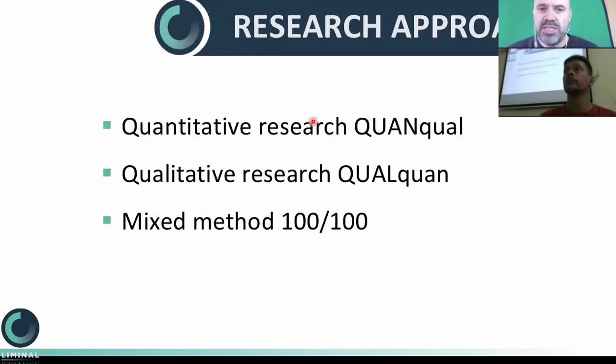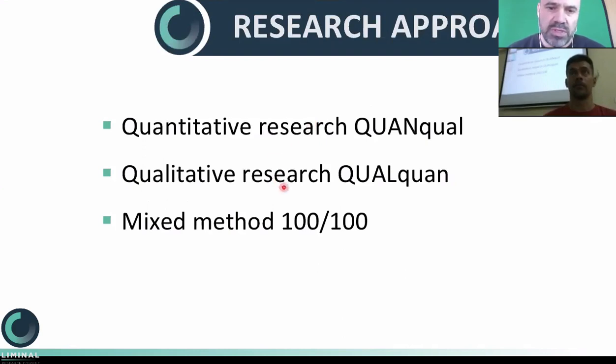Okay, let us look at the research approaches. The first approach is quantitative research. Then you get qualitative research with the interviews, and then you get the mixed method.